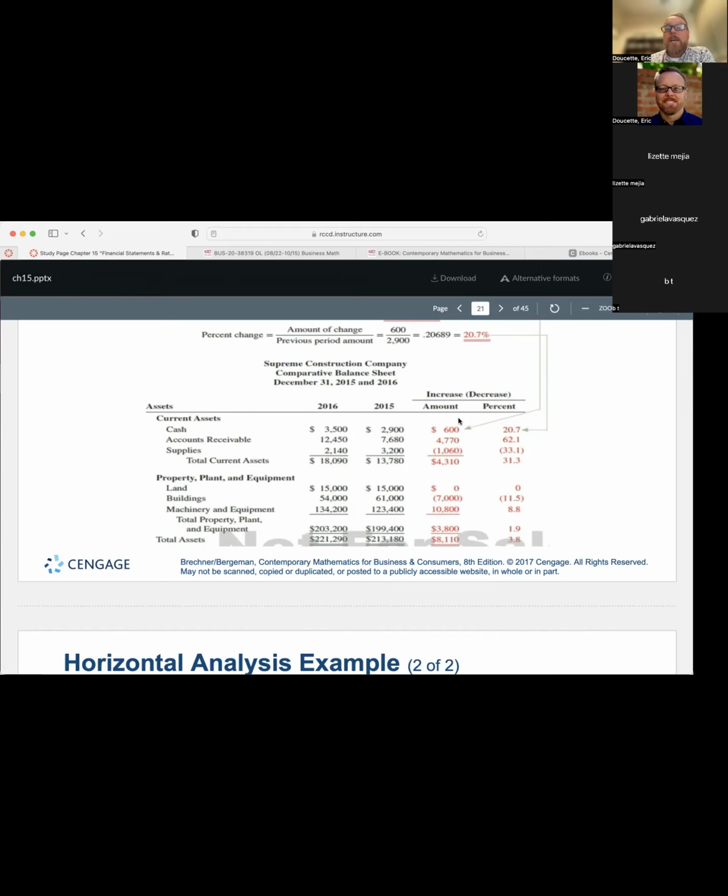That means there was a $600 difference between the two. And you're going to divide that $600 difference by the 13,780. So let me double check that. 600 divided by 13,780, because that was the original year, comes out to, oops, did I do it wrong?